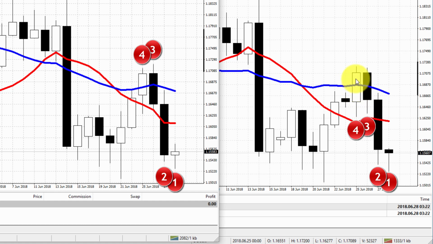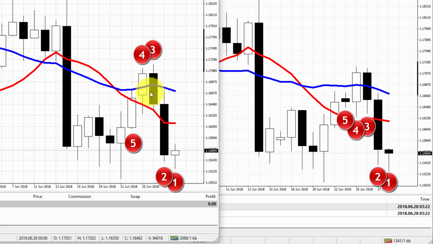Bar number 4, on Oanda we have a bigger body. Bar number 5, we have this small bearish, it's like it's a Sunday bar basically.